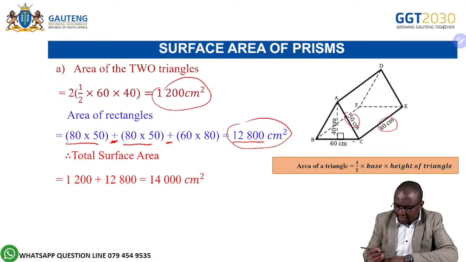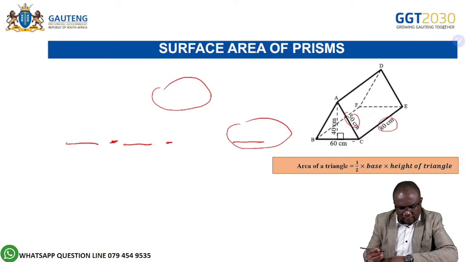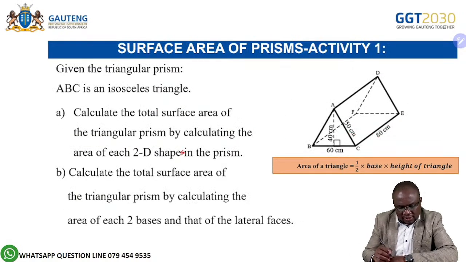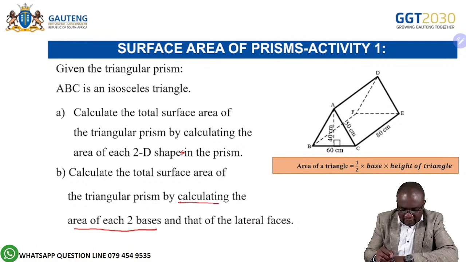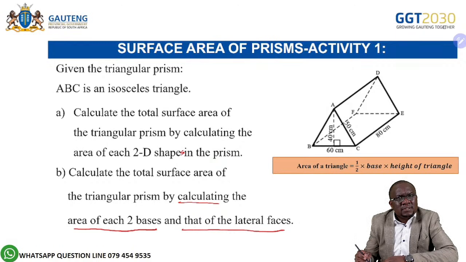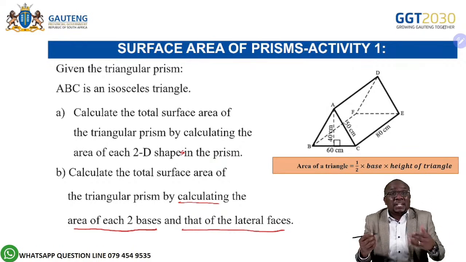Let's go back a bit. Right, I said calculate the total surface area of the triangular prism by calculating the area of the two bases and that of the lateral faces. Do you remember that? So we say the area of the two bases, we already done that, isn't it?